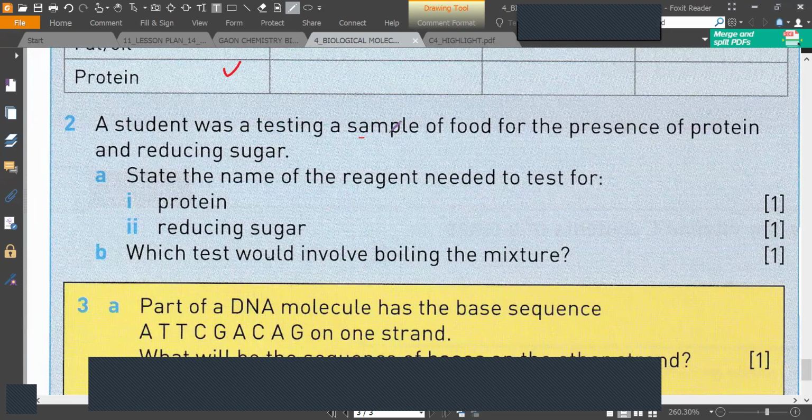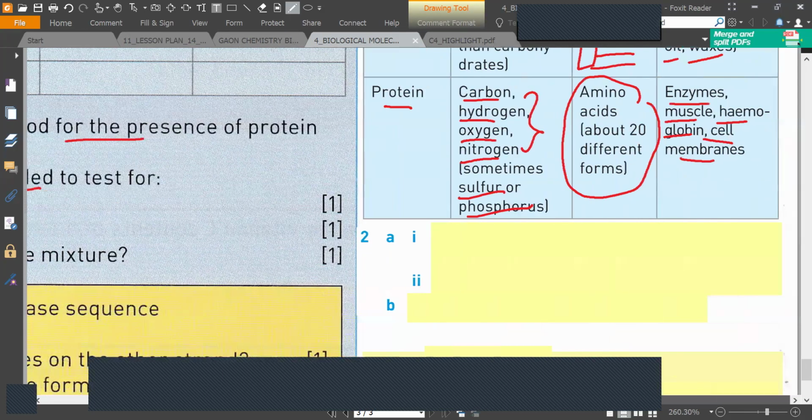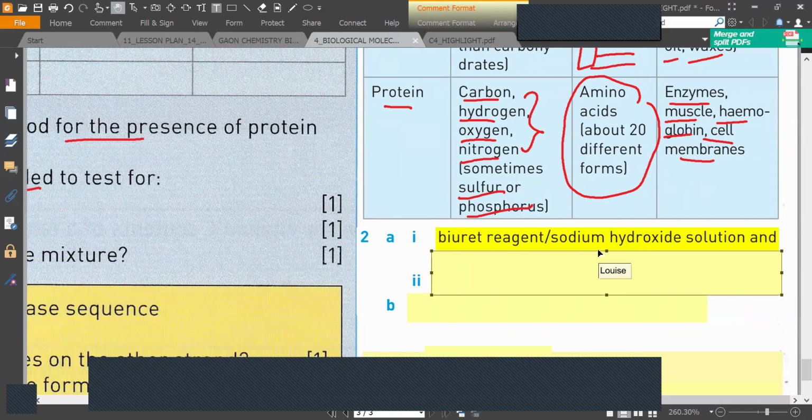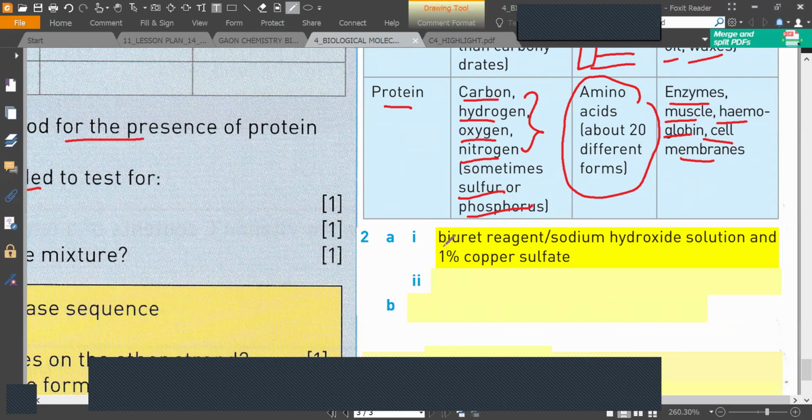A student was testing a sample of food for the presence of protein and reducing sugar. State the name of the reagent needed to test for protein and reducing sugar. We need to memorize this.